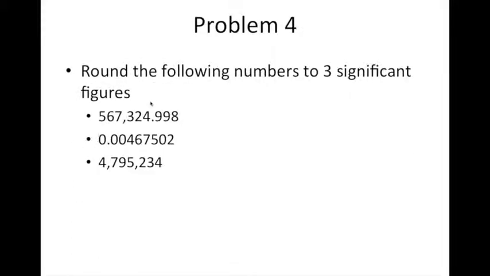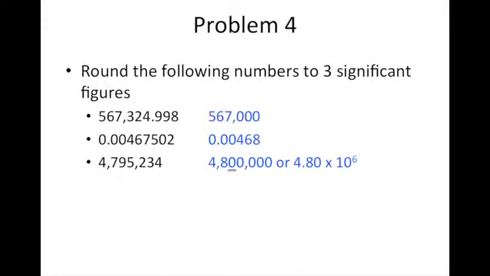So let's practice rounding. If you would, round these numbers so that they have 3 significant figures. Okay? So pause the video and give those a shot. Okay. So our first number, we're asked to round it to 3 significant figures. So here we have a 5, 6, and 7. We want to drop all the numbers after the 7.